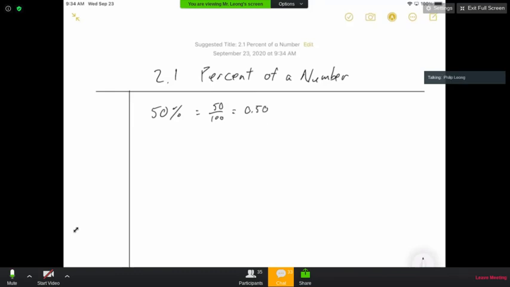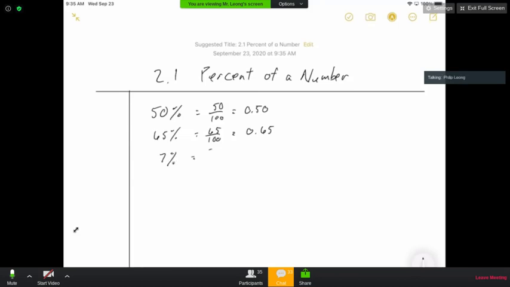What if you had something like 65%? That's the same thing as 65 over 100. If you put that in your calculator, you get 0.65. What if I had something like 7%?